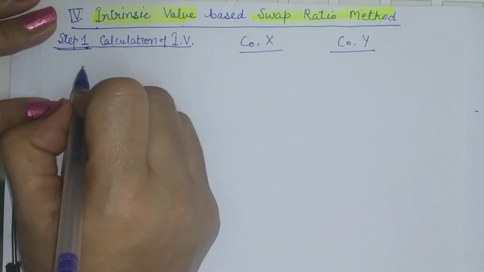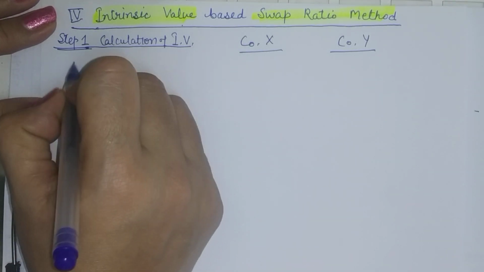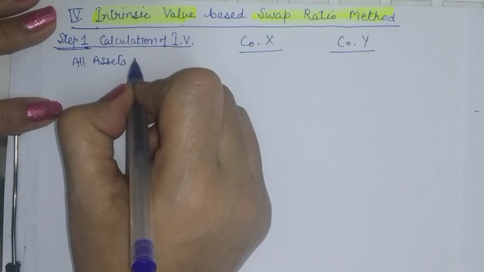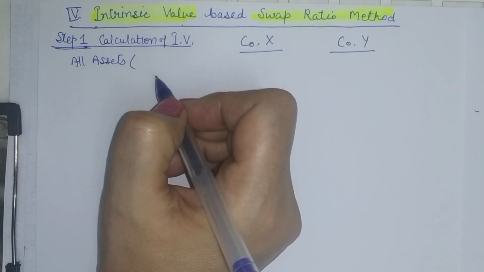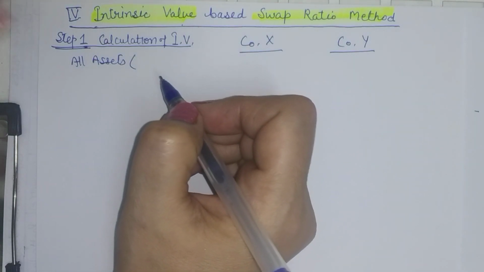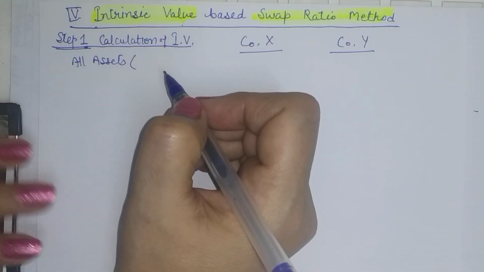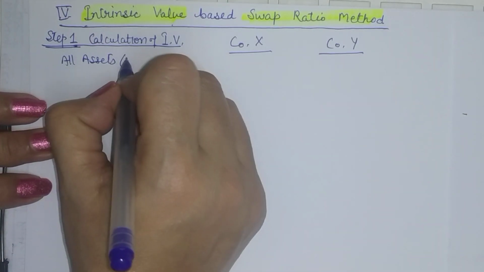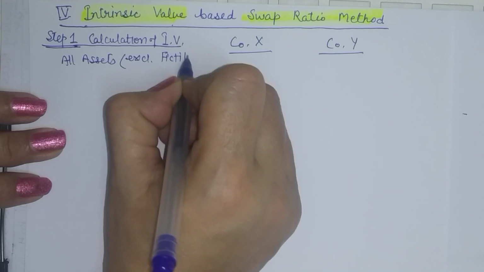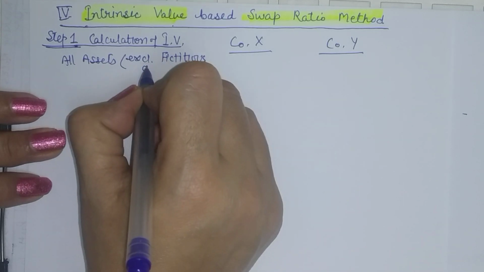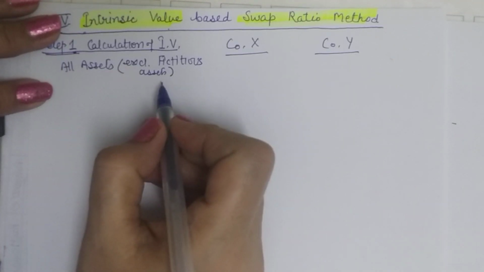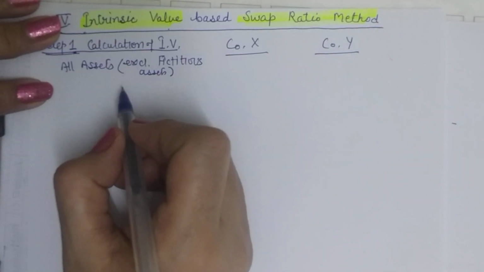Right. So we will first be taking up all assets of the companies, and when we say all assets, it means all fixed assets, all current assets and investments. So all types of assets will be taken up. However, it doesn't include fictitious assets. So excluding fictitious assets, the rest of the assets will be taken up here.